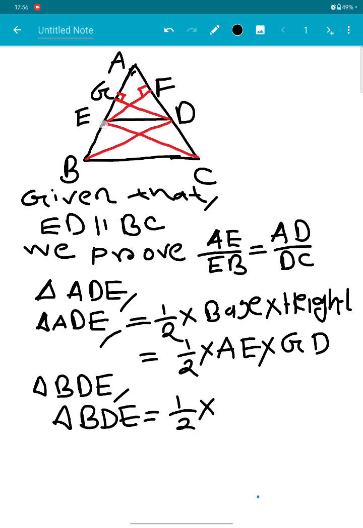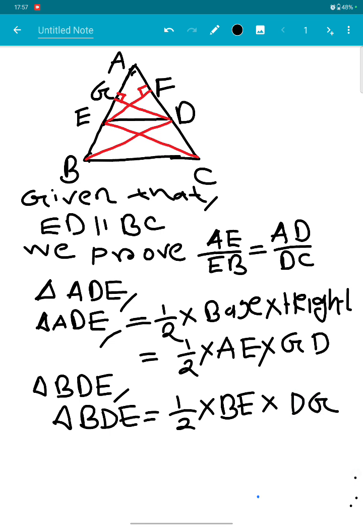Base is BE. And height is the same DG, because BE and AB are the same line. So half into BE into height DG. Okay.